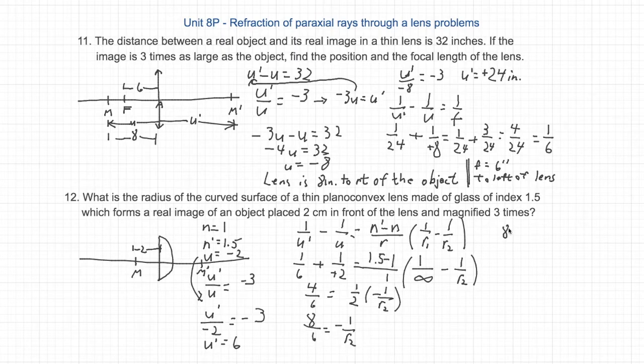We multiply both sides by 2, and we find that R sub 2 equals -3/4 centimeters, which equals -7.5 millimeters. Or you could say that the radius of the convex surface is 7.5 millimeters, making clear that the center is on the left side.